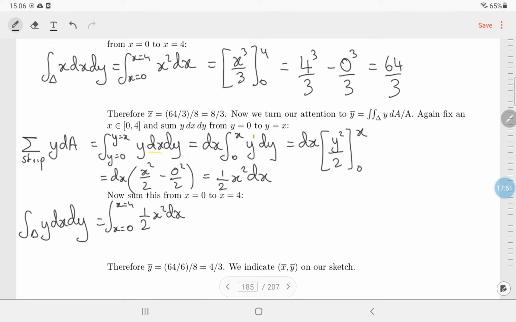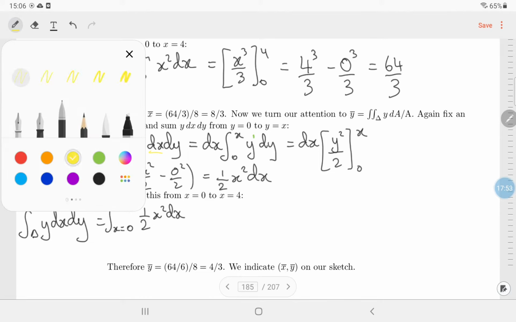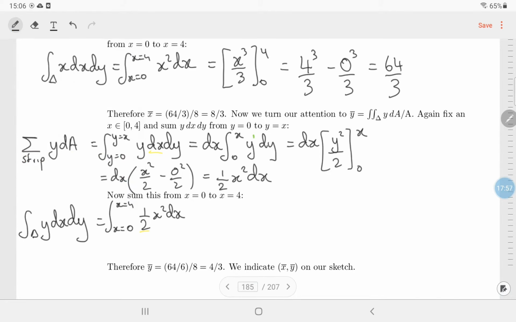Now to be consistent, we might take out the constant of a half there. There's really no need. You can just write down half x cubed over 6, but we'll keep doing it. So fix the constant a half. We're integrating from 0 to 4 x squared dx.